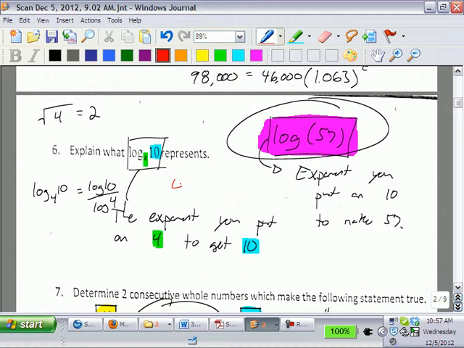So 4 to the unknown equals 10. What's in that box there represents the unknown. 4 to the unknown equals 10. Log base 4 of 10: the exponent you put on 4 to get 10.